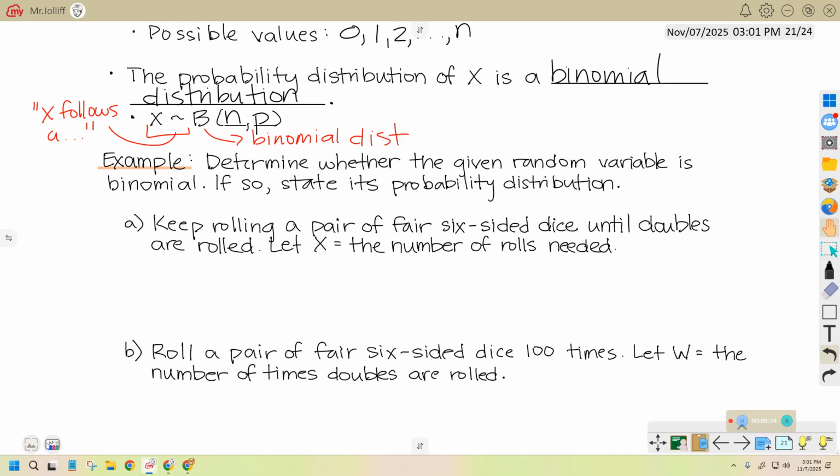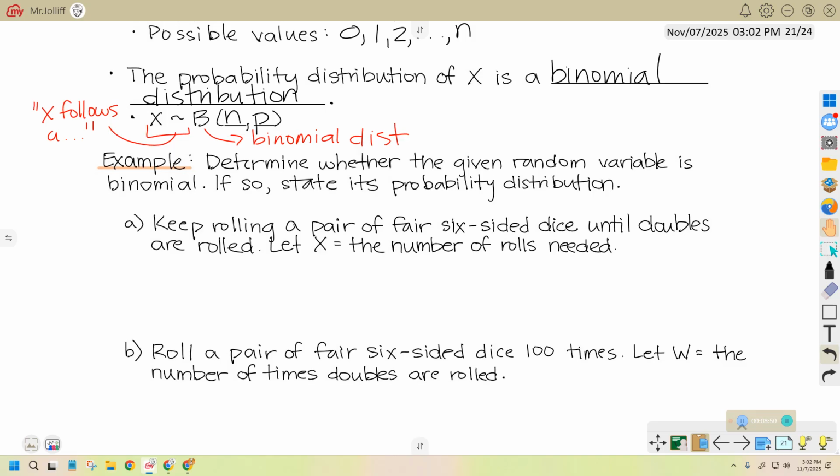Doesn't matter that I have 2 dice. What matters is that I roll the dice and I'm looking for doubles. What are the 2 possible outcomes? Forget the probability. What outcome do I want?